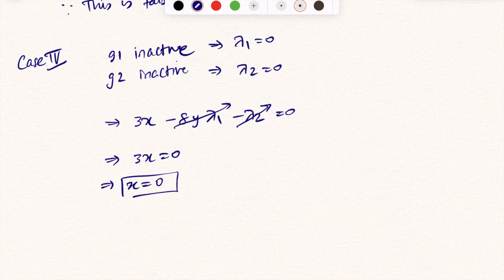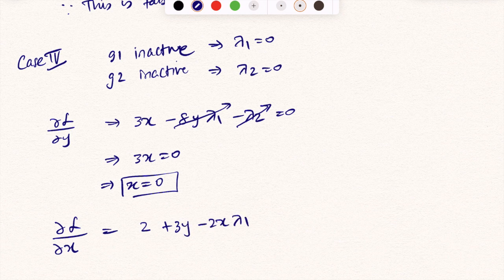And so plugging this into the partial derivative of x, which is 2 plus 3y minus 2x lambda 1 equals 0.